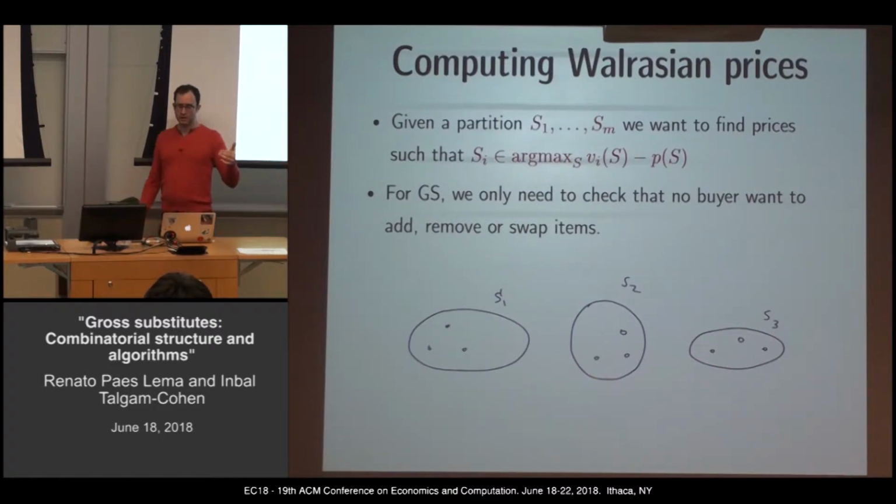So to check that Si is optimal, the only thing to check is that I don't want to remove an item, I don't want to add an item, and I don't want to swap an item that I have for an item that I currently don't have. So here's a clever way that Murota found of solving this problem.